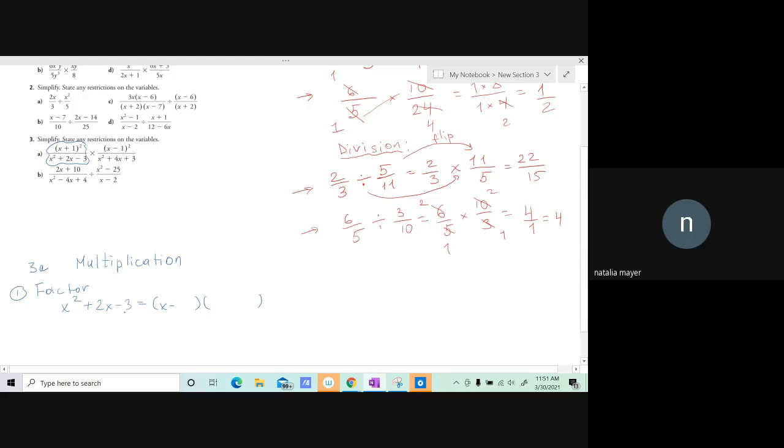The 2 numbers should multiply to the last term, I mean 3. So X minus 1, X plus 3, or X minus 3, X plus 3. Yeah, correct. Okay, so we factored the denominator of the first expression. Now let's check the second rational expression. The same, right? The numerator is factored, the denominator is not.